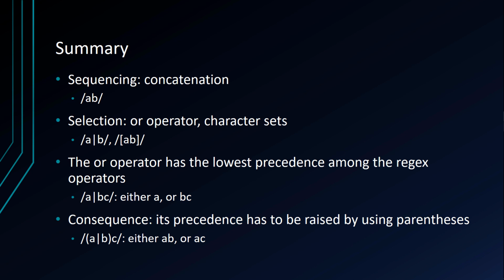In the example on the slide, you can see that A or BC means either match A or match B followed by C, and the expression A or B in parentheses, then C, is evaluated to match either A or B, then match the character C, which matches the strings AC or BC. So if you've taken these pieces of information away, then you have succeeded in mastering sequencing and selection of regular expressions.